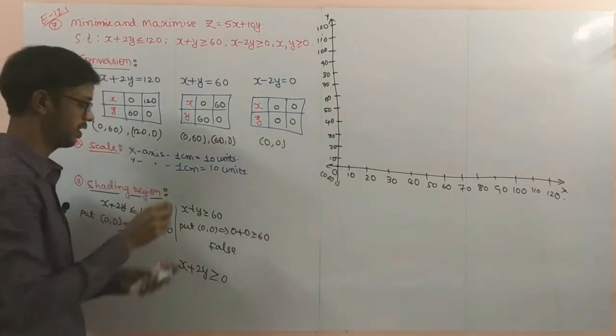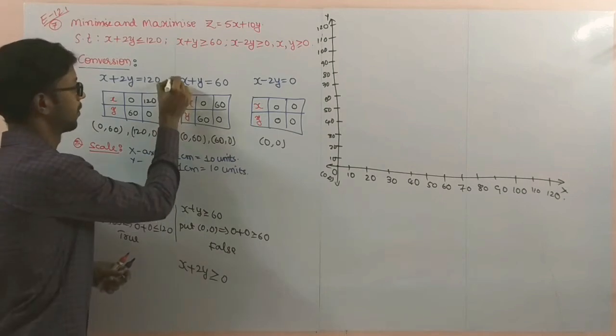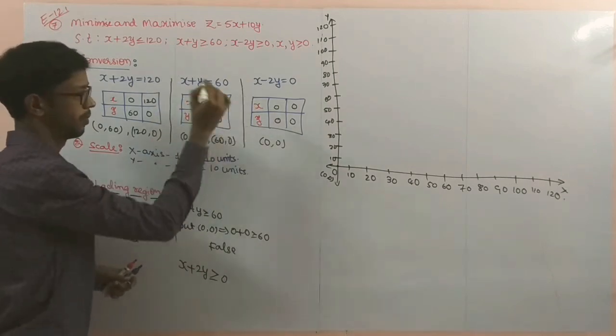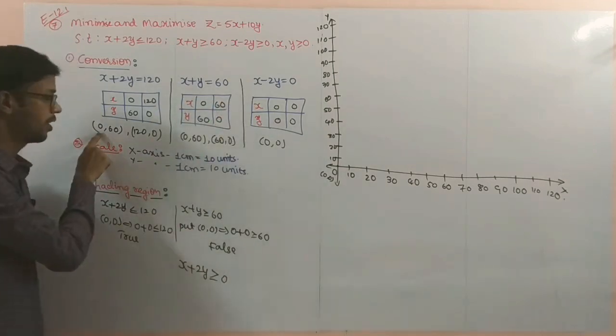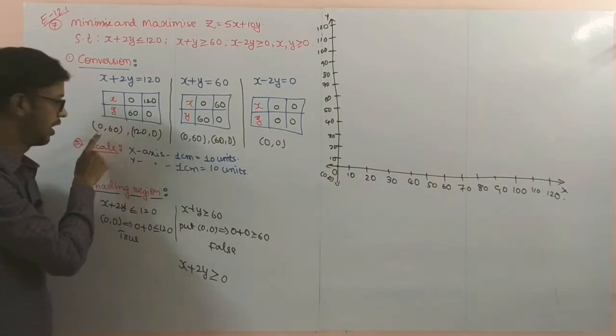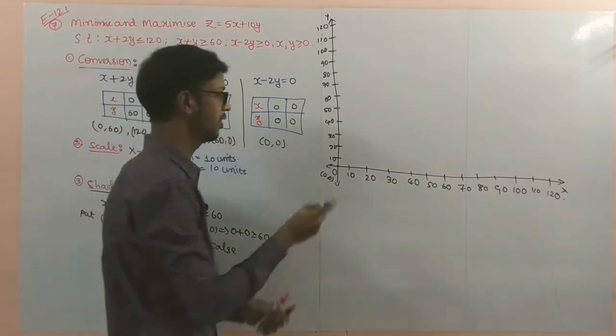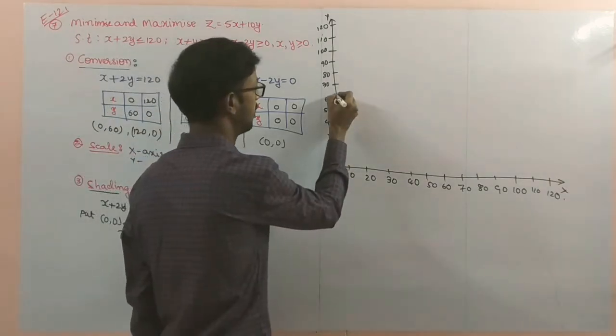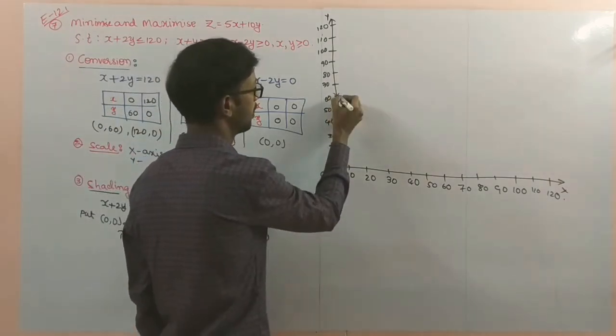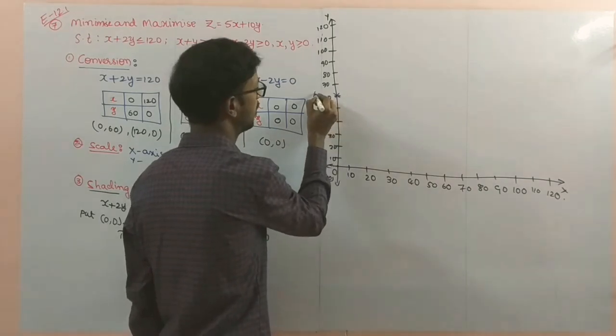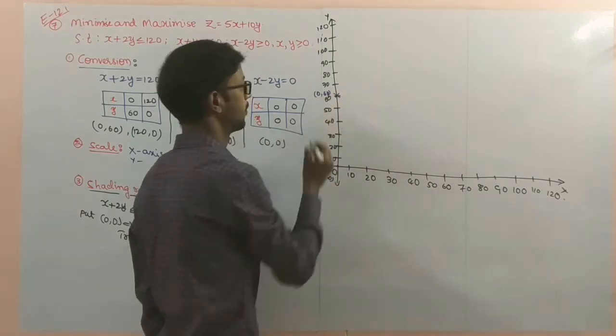Now, the first equation you have to take here. What are the first equation's points? 0 and 60: x is 0, y is 60, so I'll take that on the y-axis. This point is 0 comma 60.